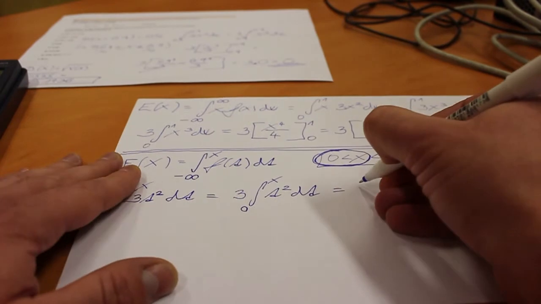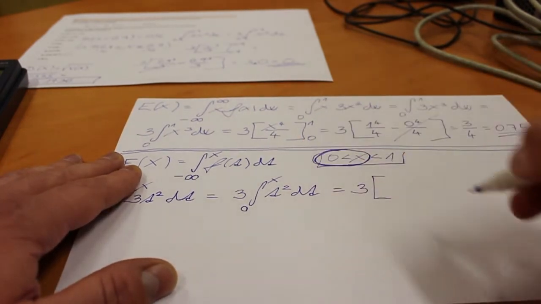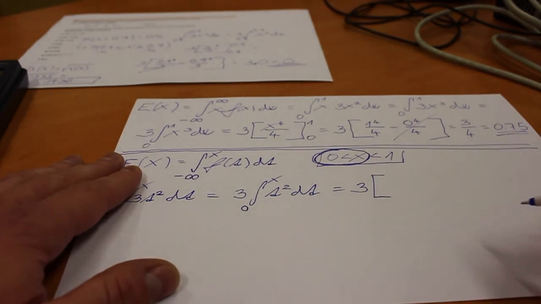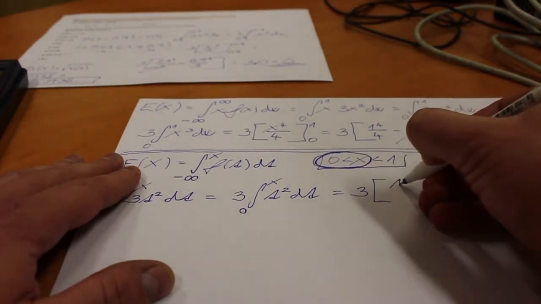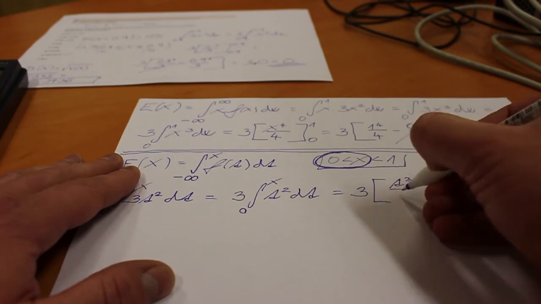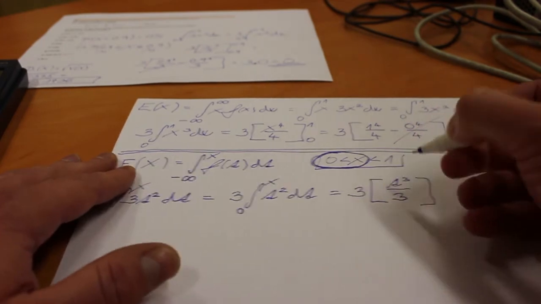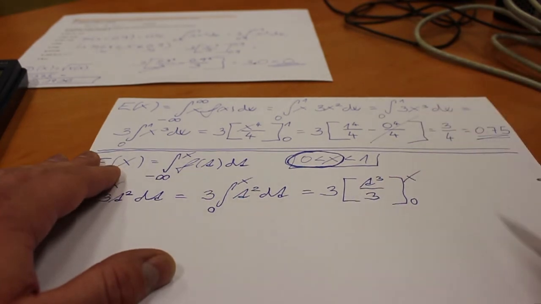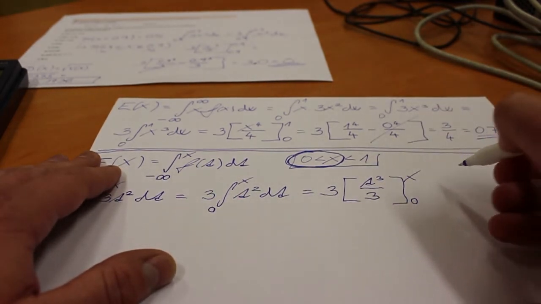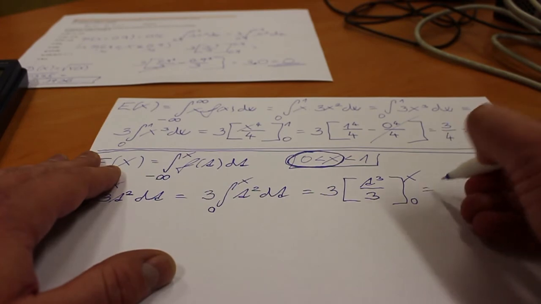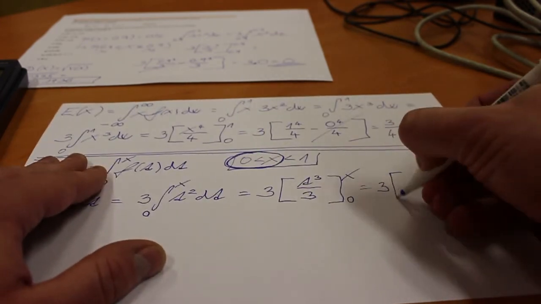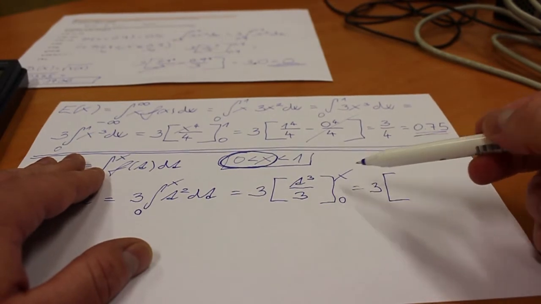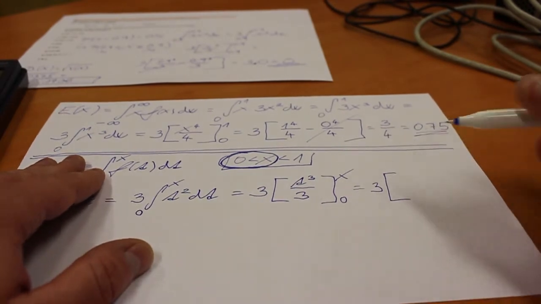This is equal to 3 times t squared, a simple function which can already be integrated. So I have t to the power of 3 divided by 3, lower bound 0, upper bound x. That can be recalculated as the difference. Now return to the substitution: x will be used instead of t.